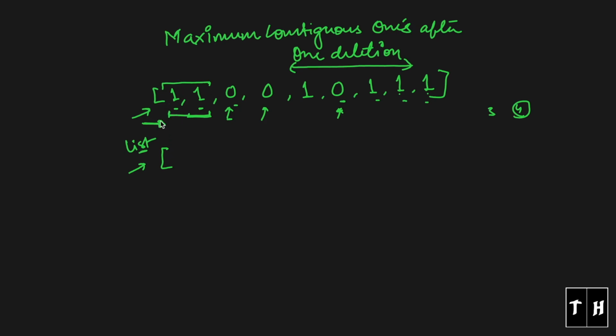Let's start from here. Let's say we have a variable called counter, and this counter is going to count the number of ones. Here the counter is 1. Then here we add one more, and once we are here, we have encountered 0.